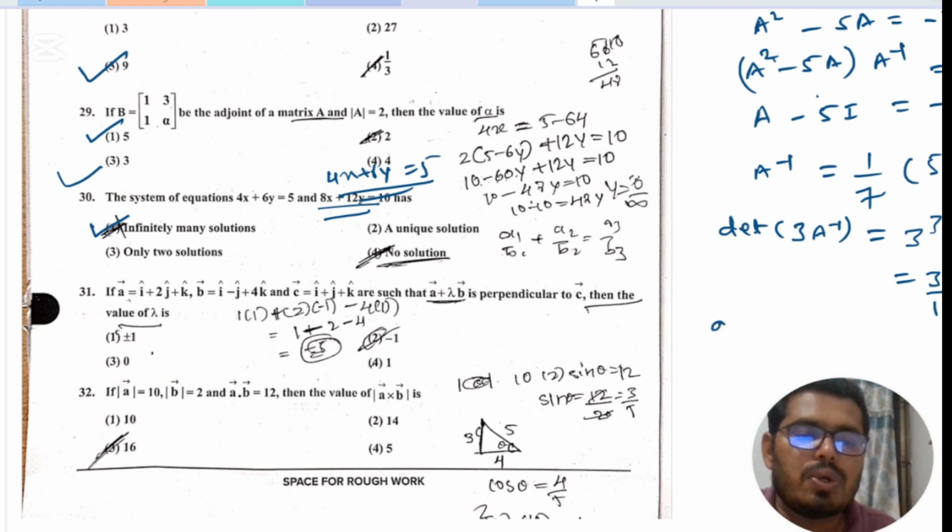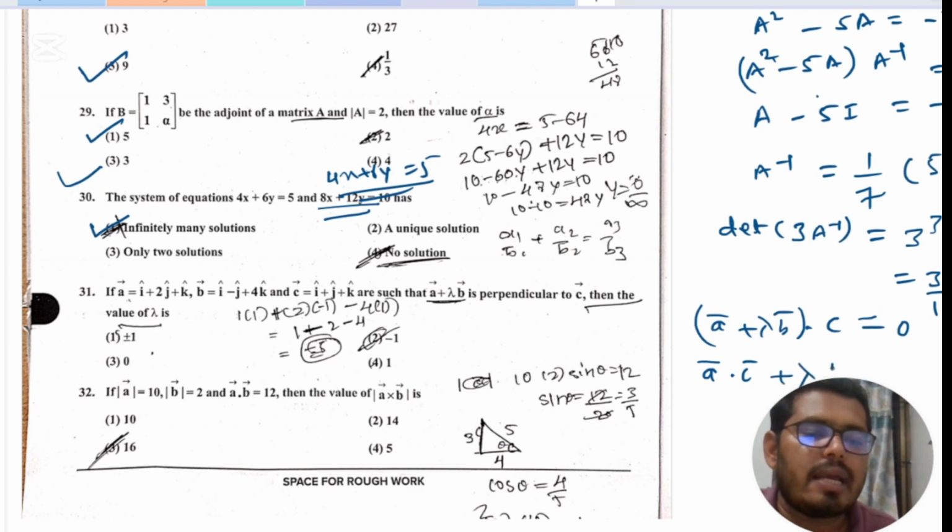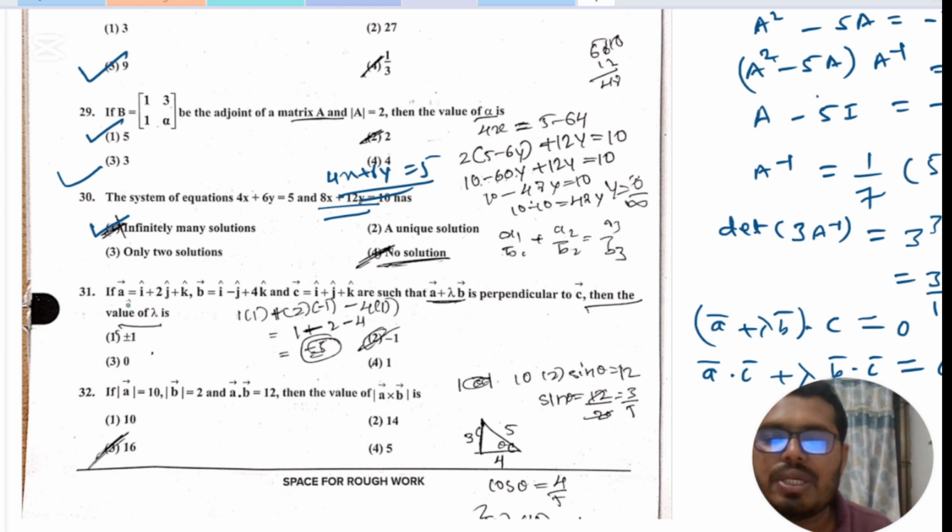Therefore, here also a bar plus lambda b bar dot c bar is equal to 0. This implies that a bar dot c bar plus lambda times b bar dot c bar is equal to 0. A bar dot c bar means what here? A bar is 1 into 1, that is 1, plus 2 into 1 is 2, plus 1 into 1, 1, plus lambda times b bar dot c bar.